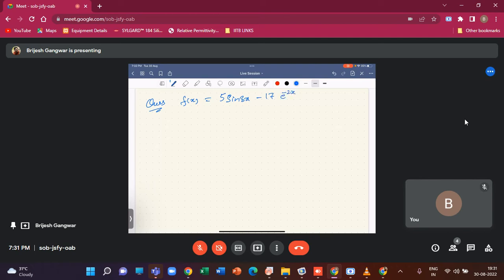How will you find the Laplace transform of this f(x)? First we apply the linearity of the Laplace transform. You can just write 5 times the Laplace of sin 3x minus 17 times the Laplace of e to the power minus 2x.